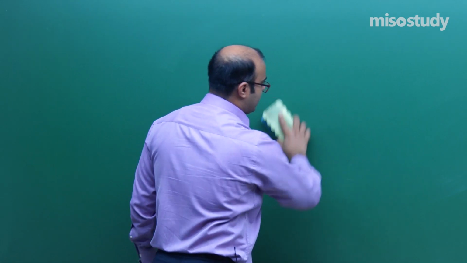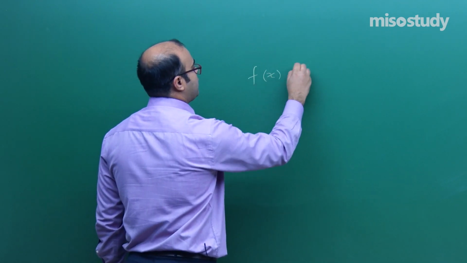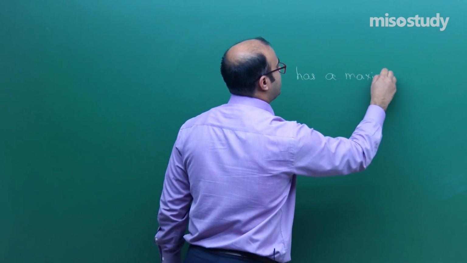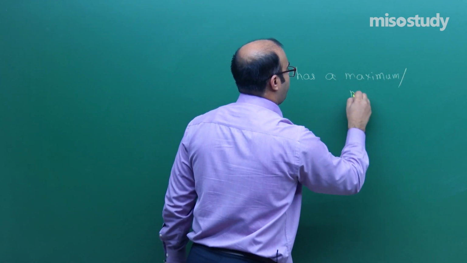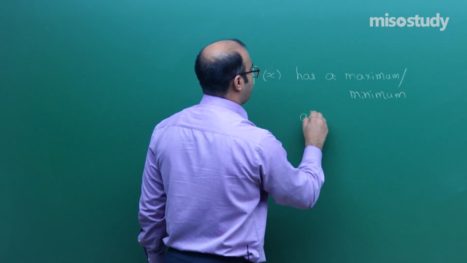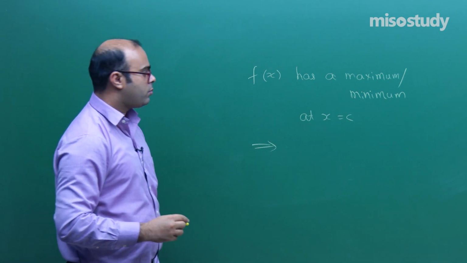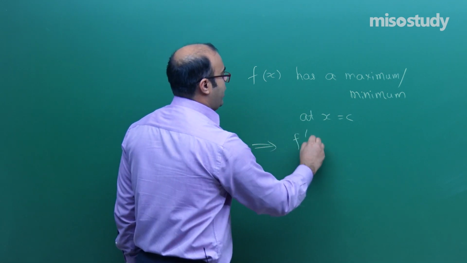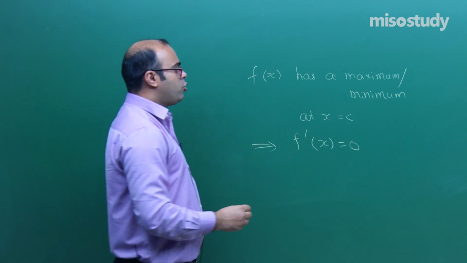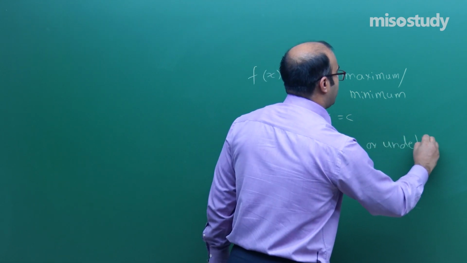That result says that if a function f x has a maximum or minimum at x equal to c, and the function is differentiable, then f dash x is equal to 0. If the function is not differentiable, we can say that f dash x is undefined. So, two possibilities are there.